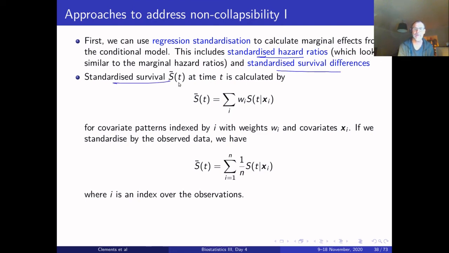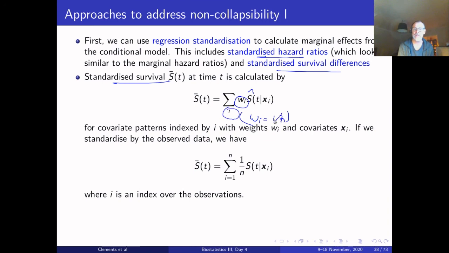So standardized survival, S bar of t at time t, is calculated from, what we do is we basically calculate survival at time t given covariates, weighted by w_i, and these w_i could be just equal to 1, but standardized survival is weights of the predictions across a bunch of individuals.